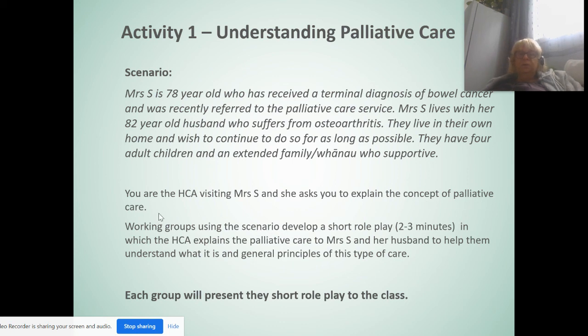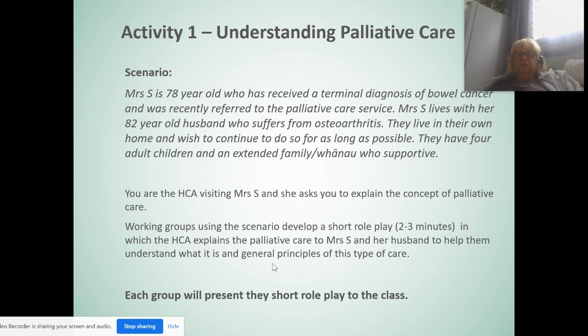Now, I know it says working as groups, but you need to do this individually. So, using the scenario, develop a short role play. It only has to be 2 to 3 minutes long, in which the HCA explains the palliative care to Mrs. S and her husband to help them understand what it is and the general principles of this type of care.